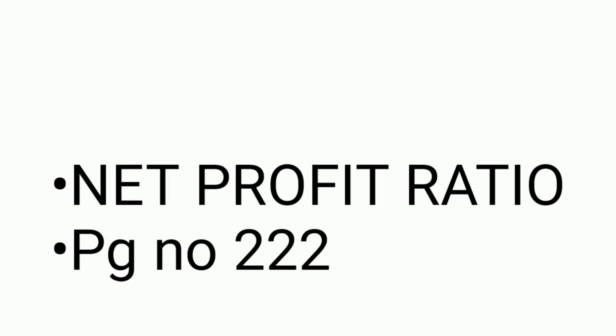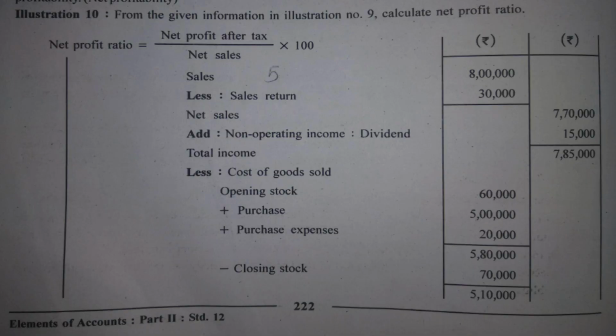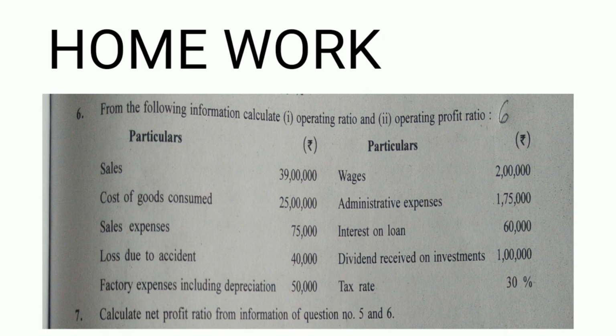So we have a sum related to this in your exercise that you are supposed to do in homework today, which is sum number 6. See, it clearly says, from the following information, calculate operating ratio and operating profit ratio. Yes? And the sum can be solved in both the manners. This is similar to illustration 8 mostly.